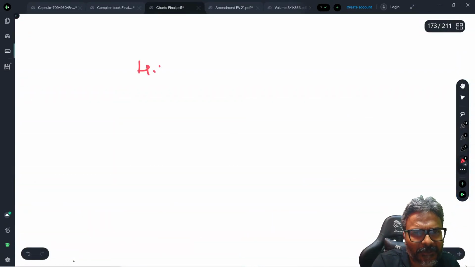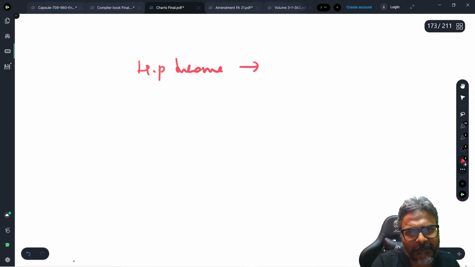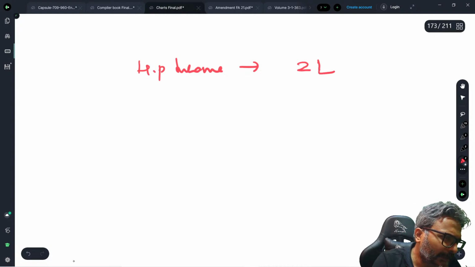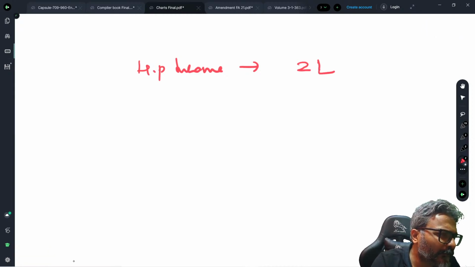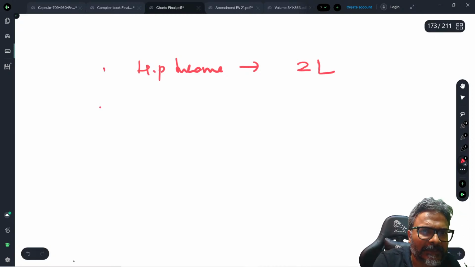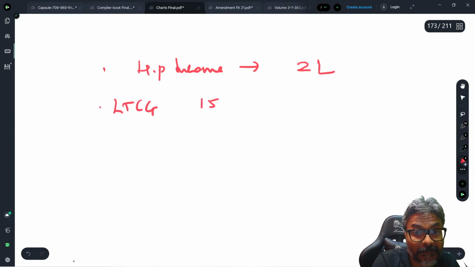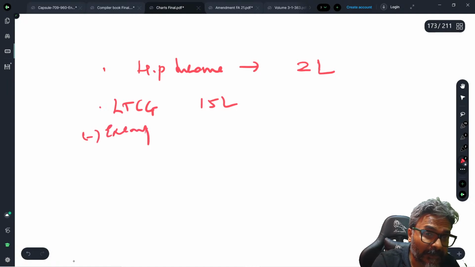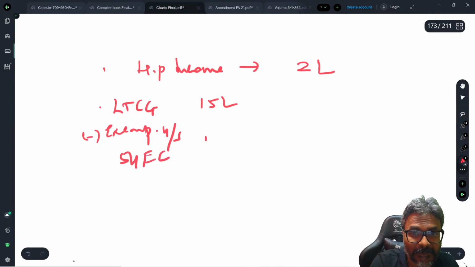There is a house property income of rupees 2 lakhs. Now there is an LTCG of, say, rupees 15 lakhs, and then there is an exemption claimed in, say, section 54EC, of the entire 15 lakhs.